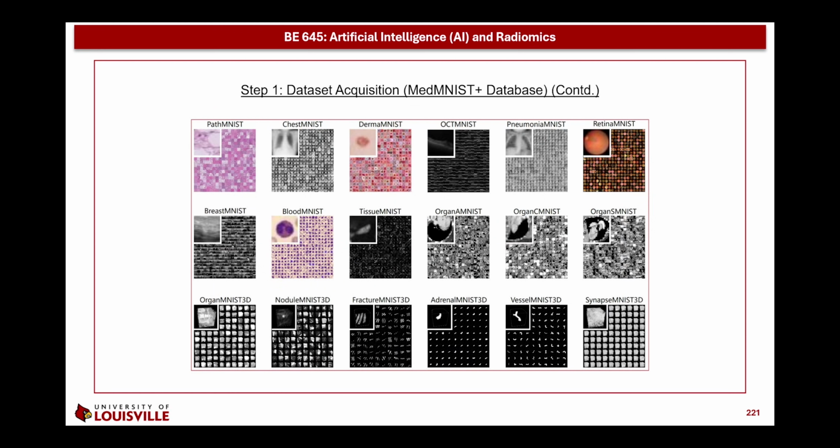As you see here, they provided a preview of different datasets that exist in this database. Some of them are related to 2D and others are related to 3D. And in this lecture, we are going to deal with two datasets in the 3D version. We are going to deal with OrganMNIST and NoduleMNIST.